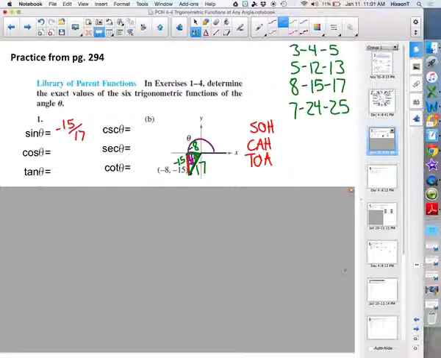What's our cosine? -8 over 7. Good, -8 over 17. Adjacent over hypotenuse. Remember, adjacent means touching, so it's the one that actually is touching or part of the reference angle there.